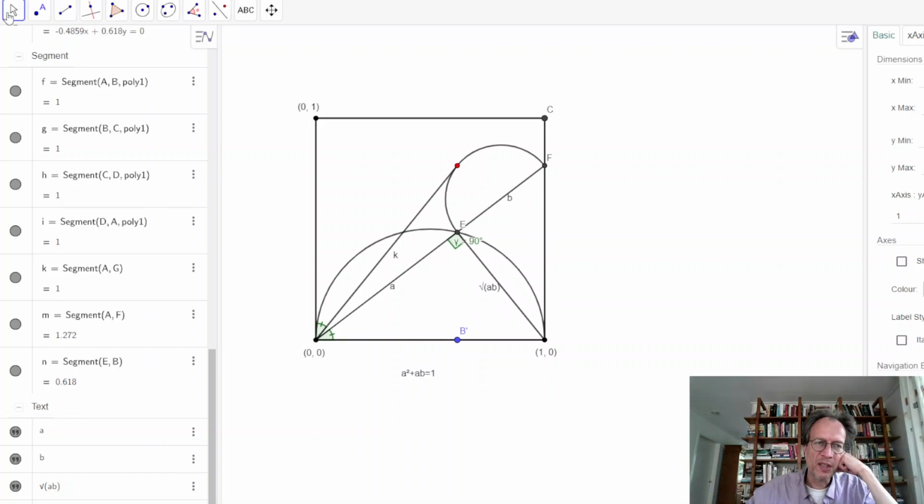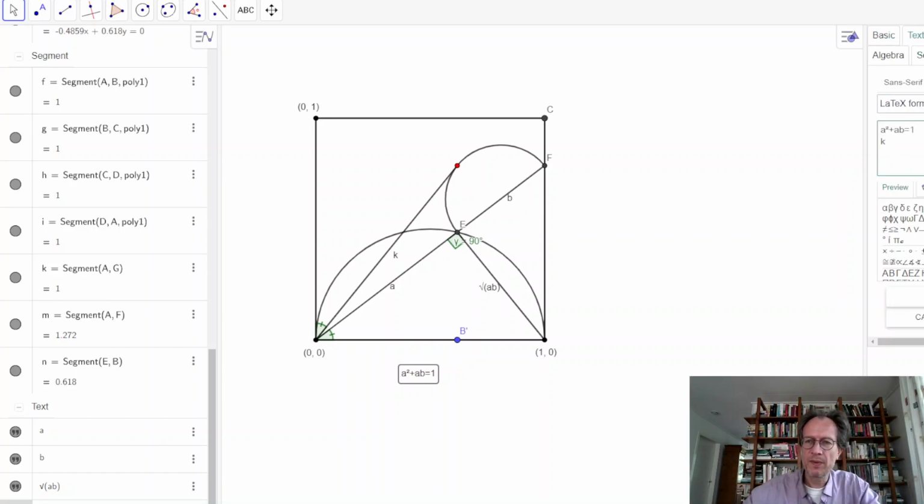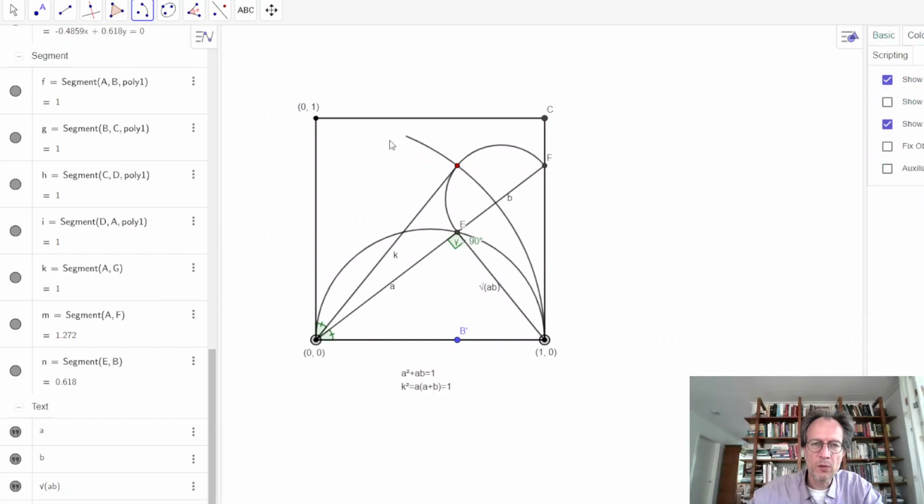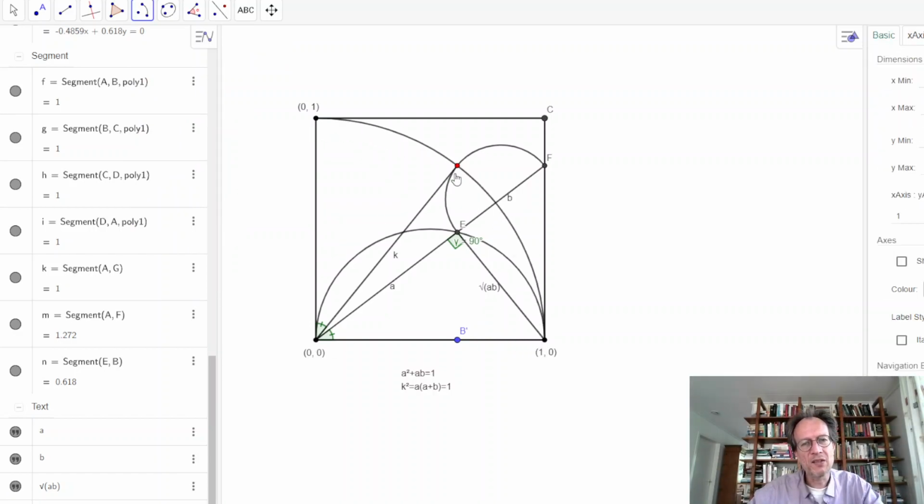So that gives an equation in k, namely that k squared must be equal to a times (a plus b). But now we can use the equation we just found, and it's exactly the same as a squared plus ab. So we know that this is 1, and we have found that this length is exactly 1. So if you would draw a circular arc, you would find that indeed it is exactly on that circular arc.